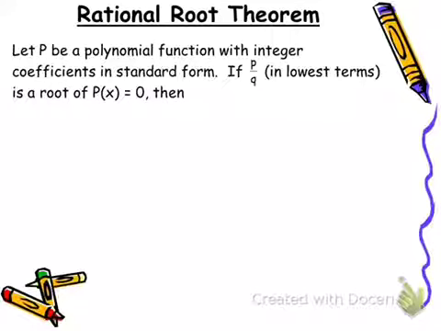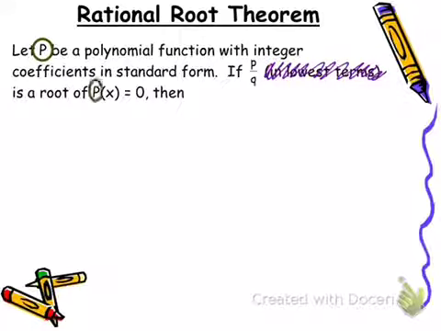If p over q, now that's lowercase p. I want you to make sure you understand that this p is not that P. They're not related to each other. If p over q is a root of P of x equals 0. Okay, now this capital P and this capital P are talking about the same function.